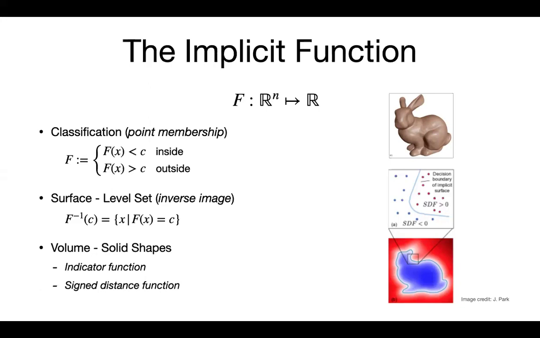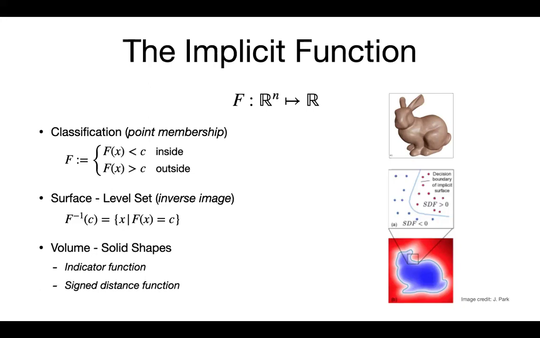And if we say just inside or outside, we do not discriminate other levels, but depending on the c, we have parallel surfaces with c, c plus epsilon, etc. Right? And in this case of a surface, the surface of interest would be the points for which this function takes the value c, right?